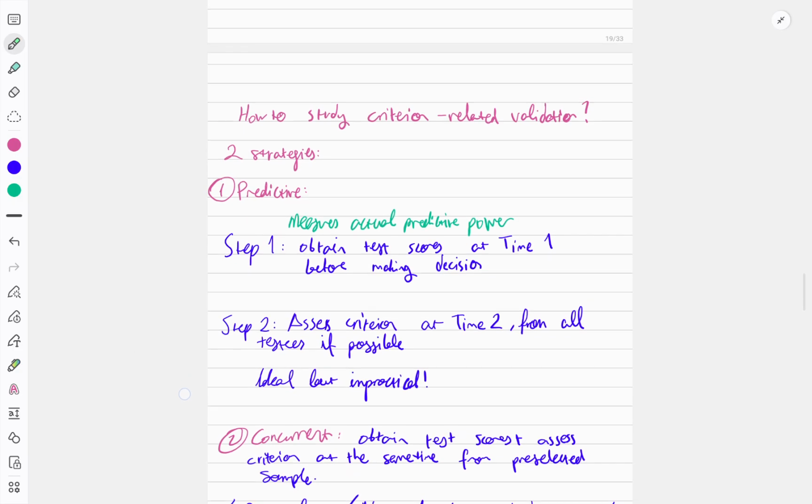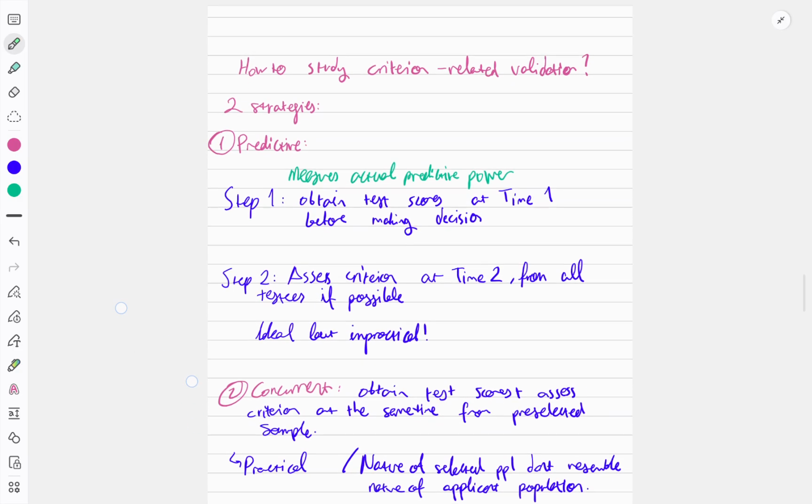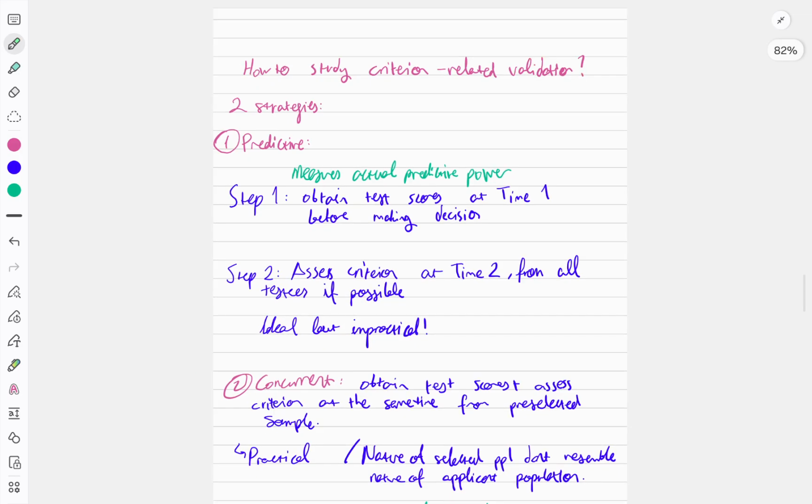So how do we study criterion related validation? We have two strategies. The first is the predictive method, and the second is the concurrent method. With predictive, for example, we want to know if SAT scores really have an effect on GPA.